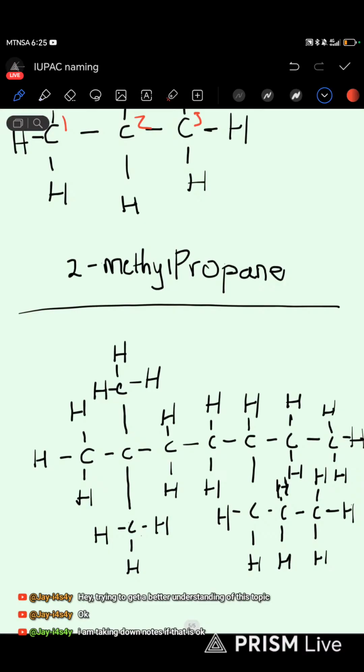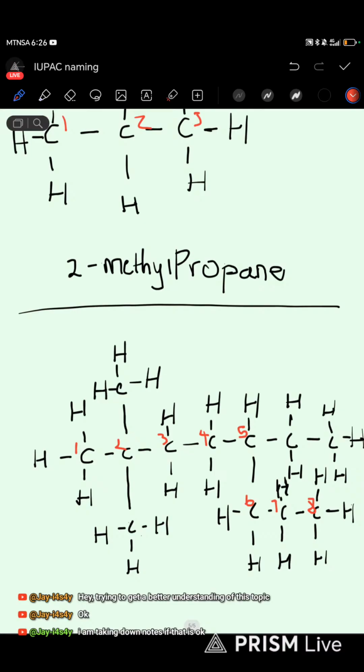So if I start counting from the left, if I say this is 1, let me use a different color, this is 2, 3, 4, 5. If I go this way, I'm going to go 6, 7. But that's not the longest chain. Let me show you the longest chain. If after 5, I go down 6, 7, 8. Now there's the longest chain.